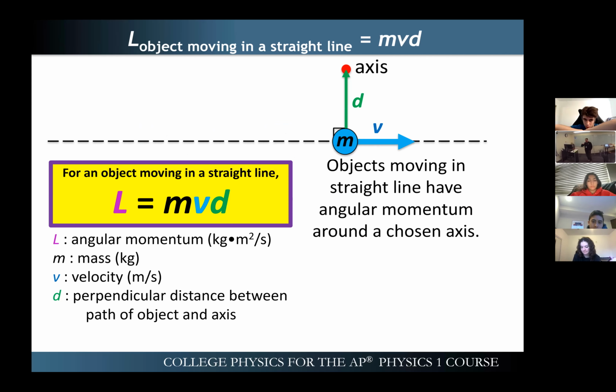So I do recommend that you put it down and keep it in the back of your mind. An object moving in a straight line does have angular momentum, and we can calculate it by taking its mass times its velocity times however far it is in a straight line from the axis of rotation when it collides and meets the other part of the system.